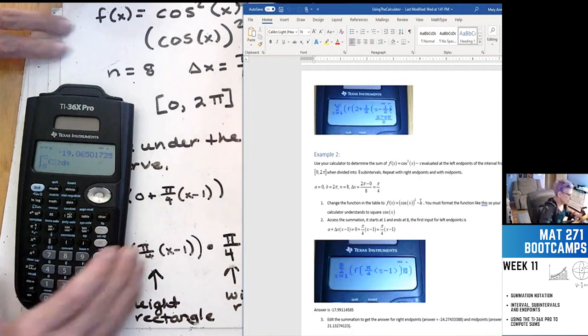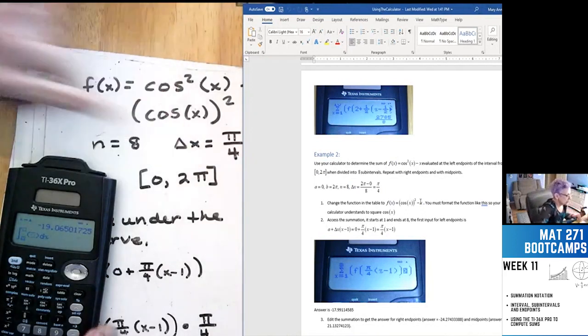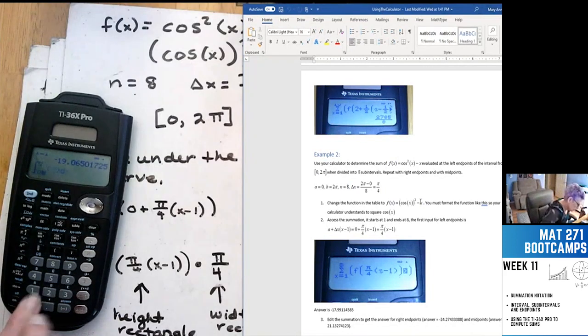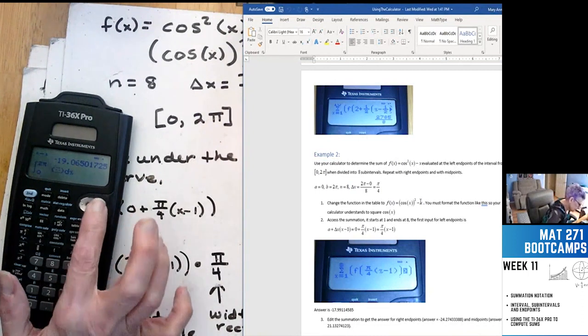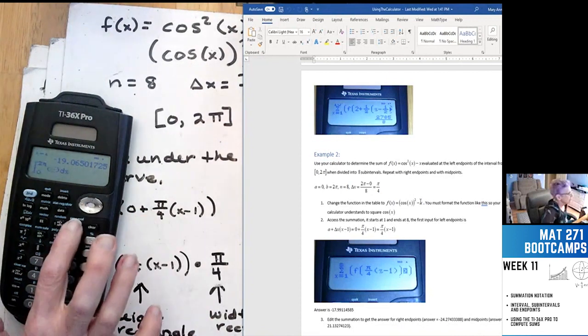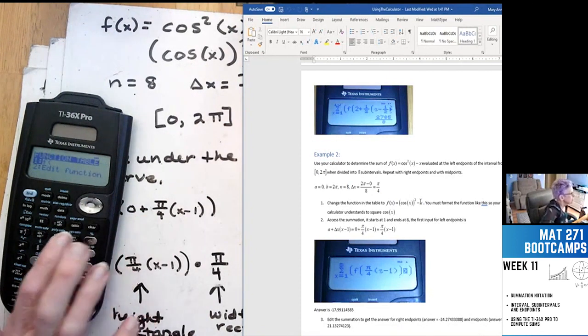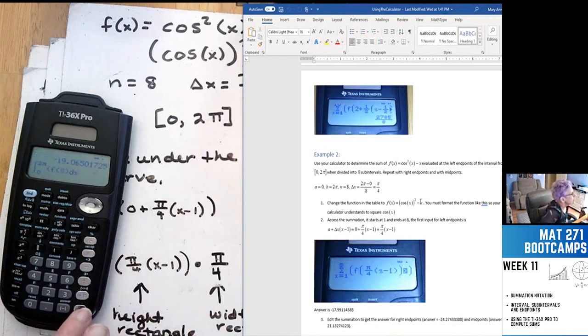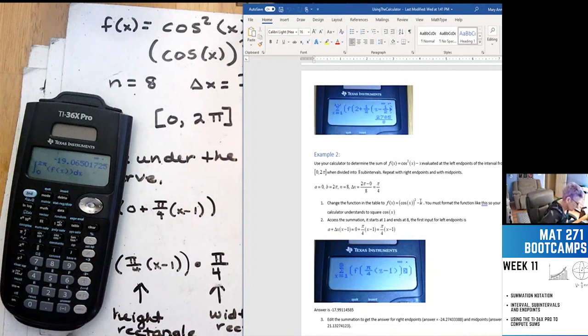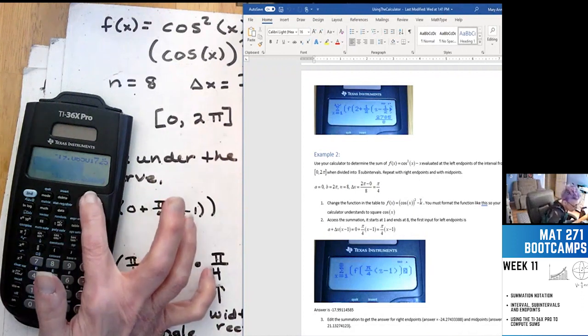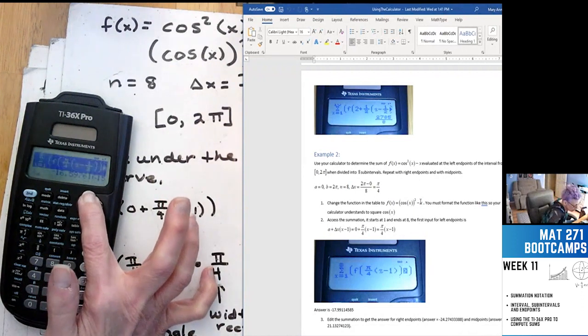We are estimating the integral from 0 to 2 pi of our function. So instead of typing the function in again, I'm going to be super lazy and just do f of x. And your calculator doesn't know how to do calculus, it just does an estimate too. So our midpoint estimate was pretty darned close.